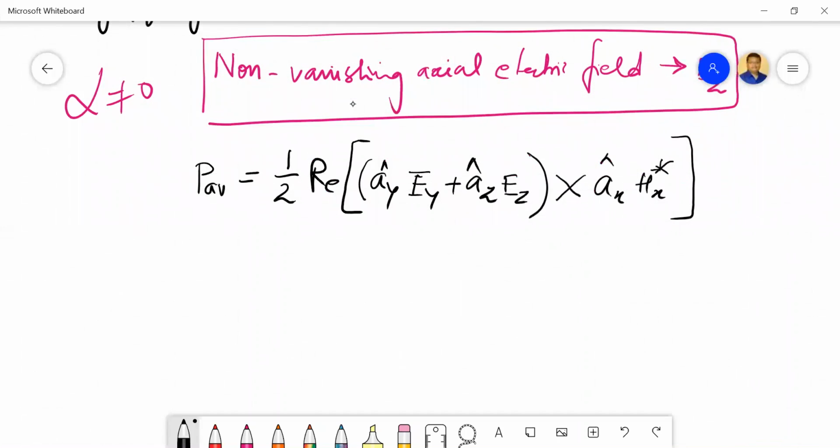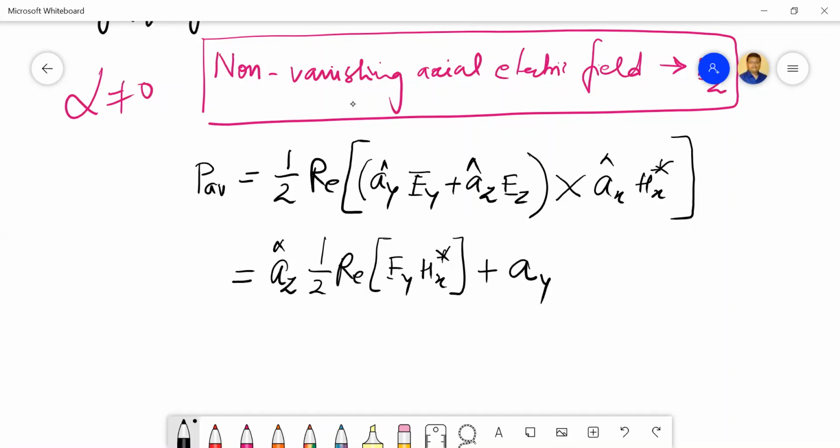Okay, so we can deal with these, and if you go one step further, we can easily write AZ cap half the real part of EY HX star, plus AY cap half the real part of EZ HX star.